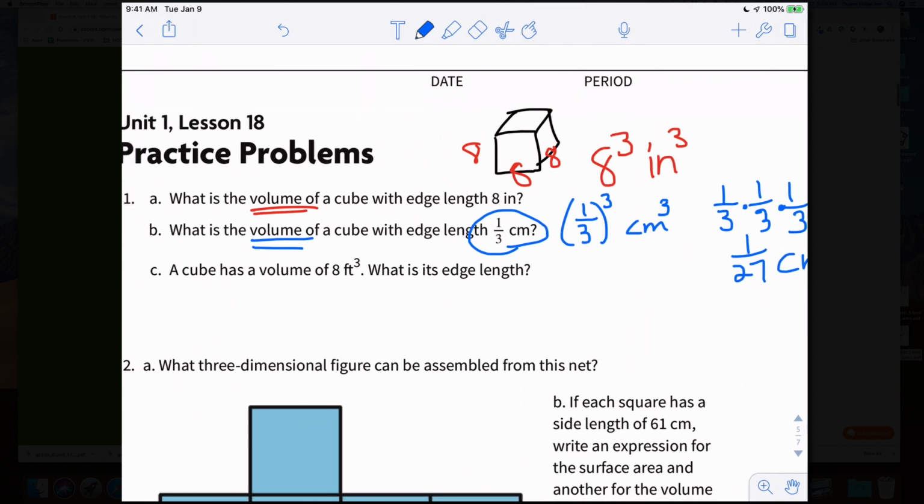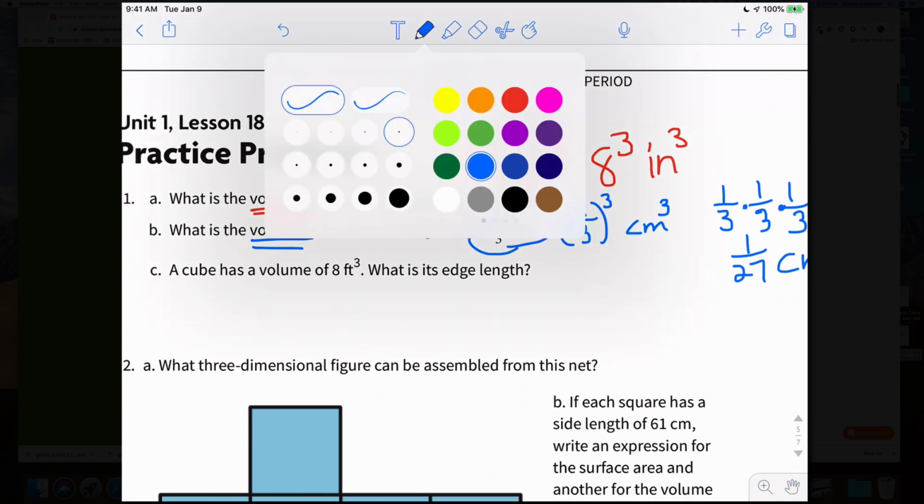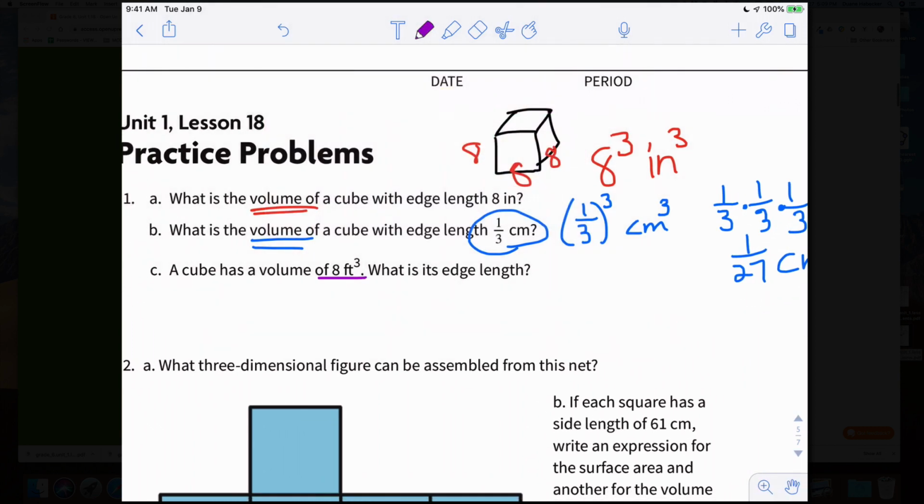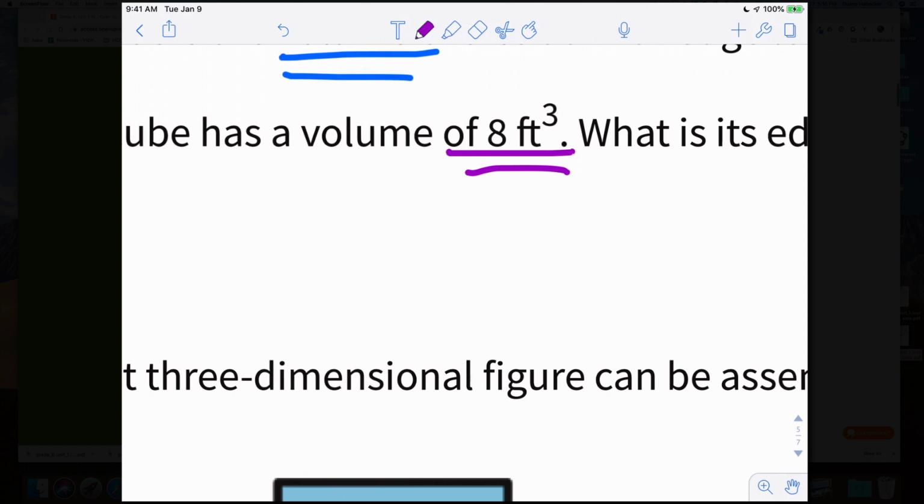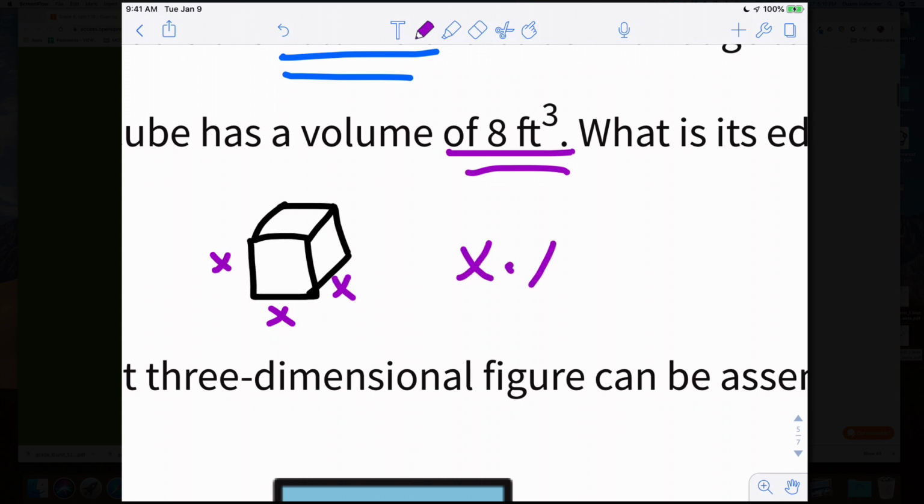And then letter C, a cube has a volume of 8 cubic feet. So what is the edge length? So what they're saying is we have a cube. There's my cube. Obviously, each length is the same. But when we multiply them, we get 8.